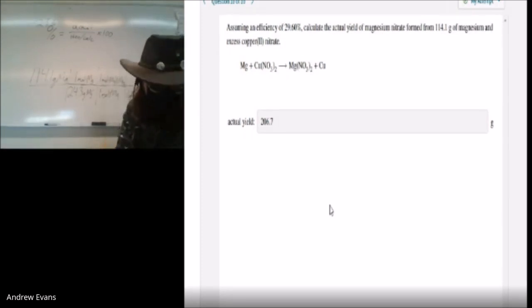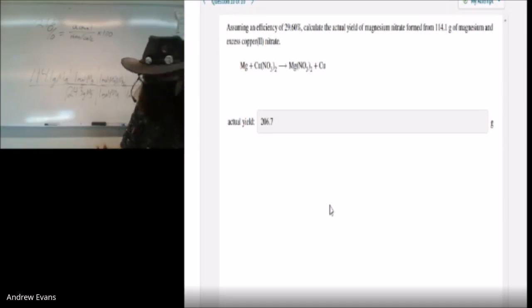This is the only thing that could be a little bit of a challenge. As I said, magnesium is 24.3. Each nitrogen is 14. There's 2 nitrogens. Each oxygen is 16. There are 6 oxygens because there are 2 nitrate molecules per magnesium.